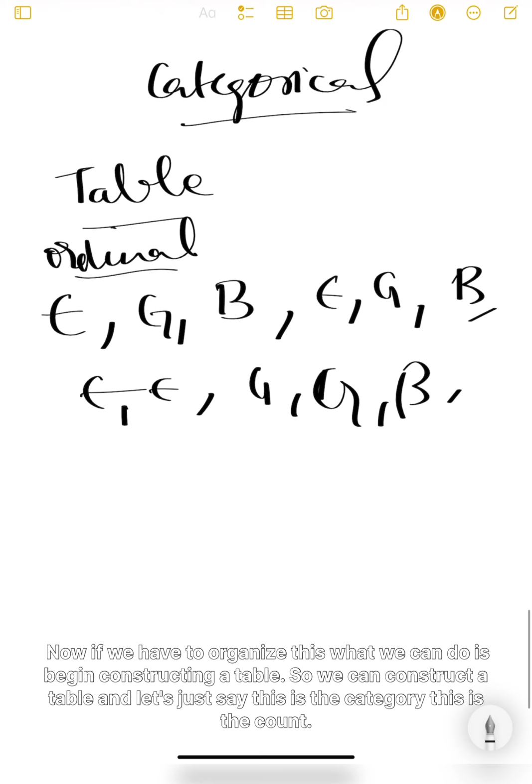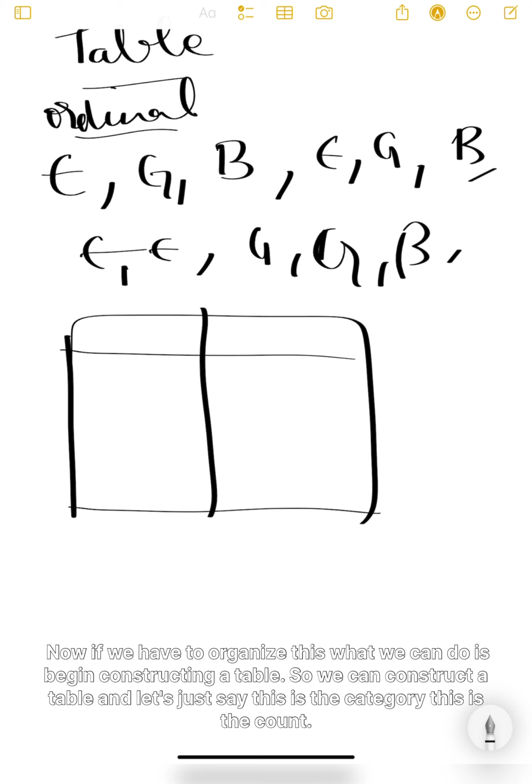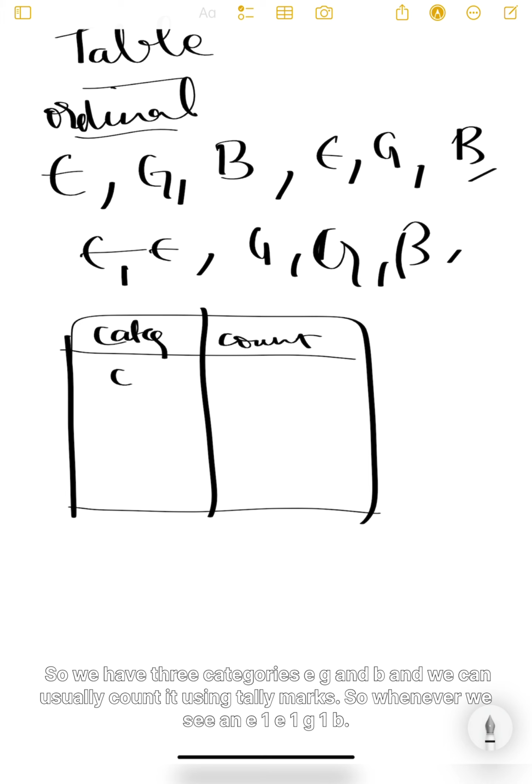Now if we have to organize this, we can construct a table. Let's say this is the category and this is the count. We have three categories, E, G and B, and we can usually count using tally marks.